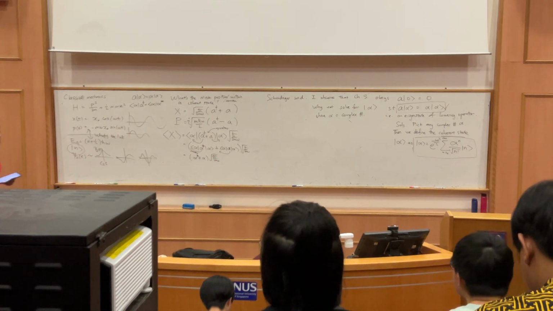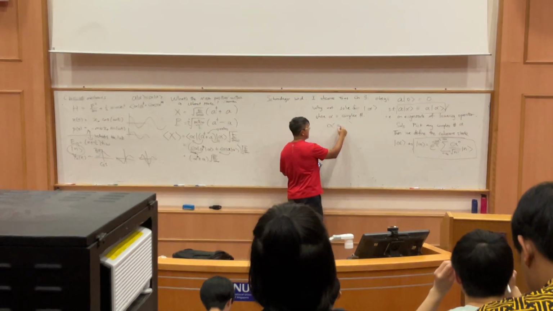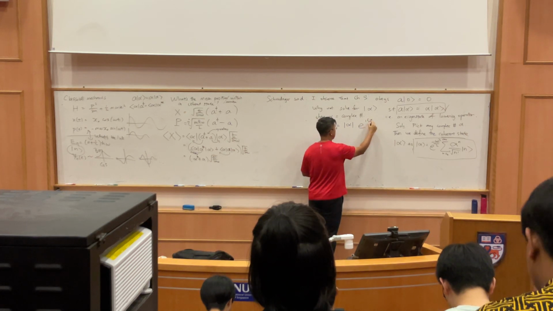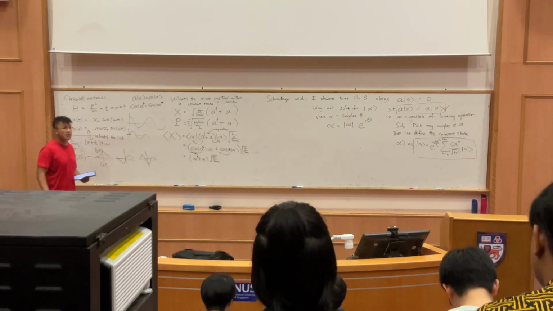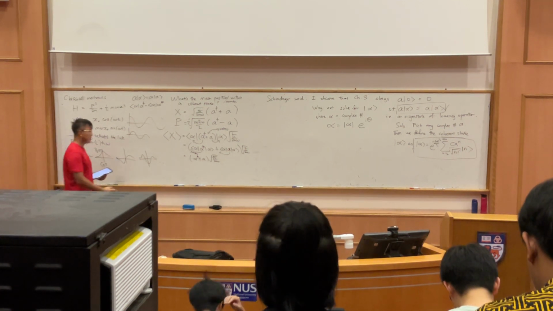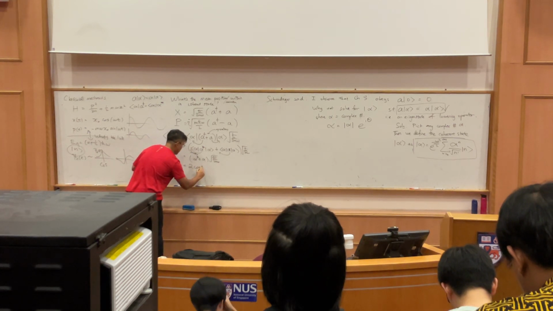Now, since alpha is a complex number, I can always write it as its modulus times e to the i theta for some theta. So alpha plus alpha star is nothing more than twice the modulus of alpha times cosine theta.